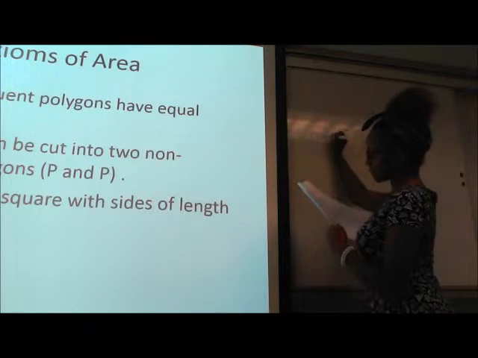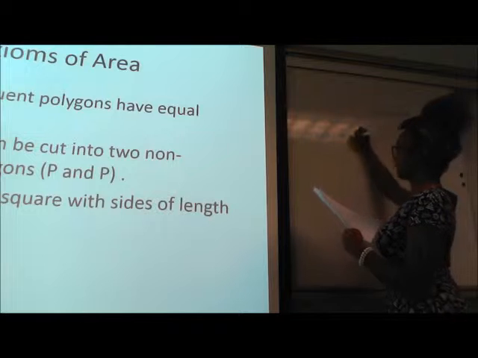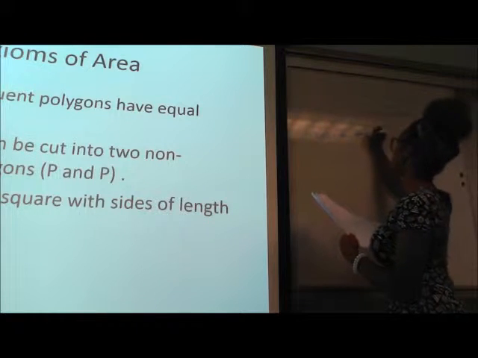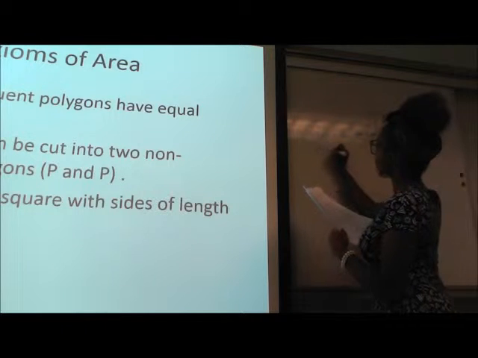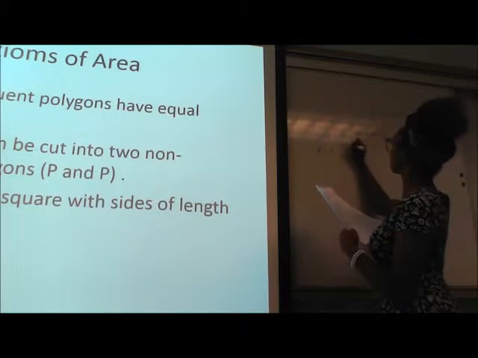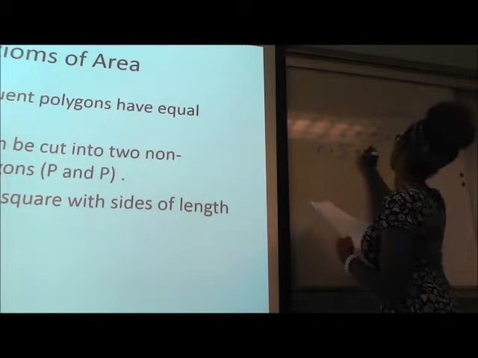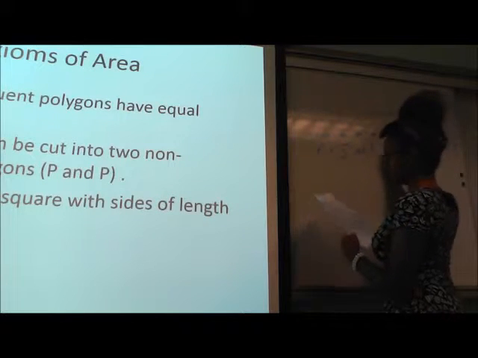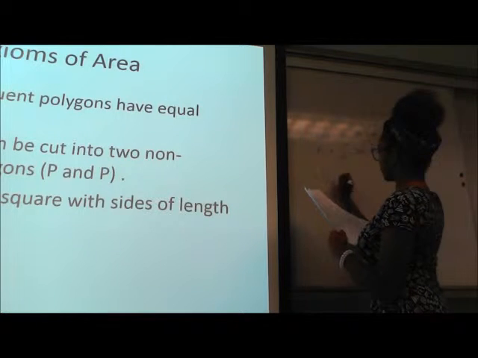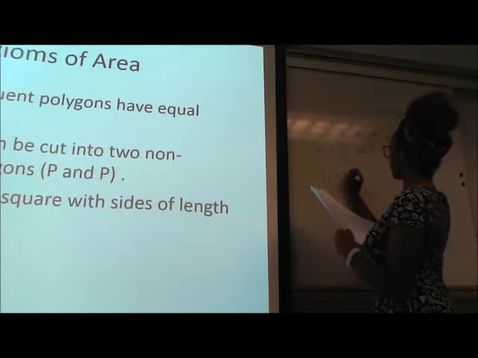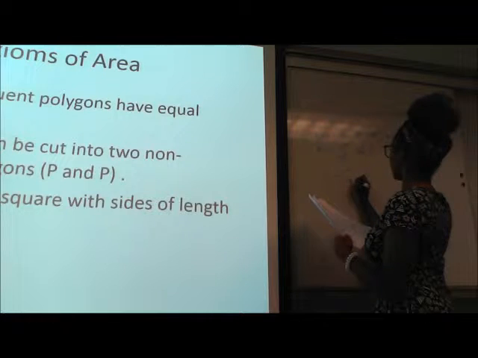Coming down here after evaluating it, 1 times a, and once again you're going from a to 0, will become a times a minus 0 times a, which equals a squared. So here you have a squared, which was your original formula for the area of a square.